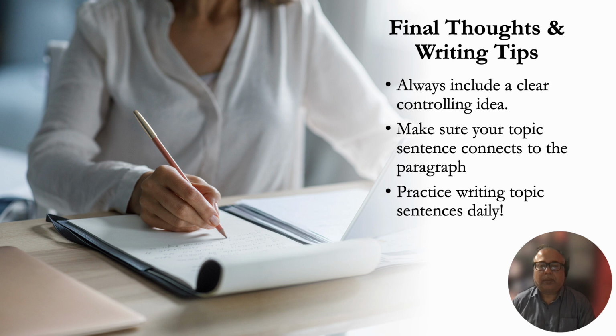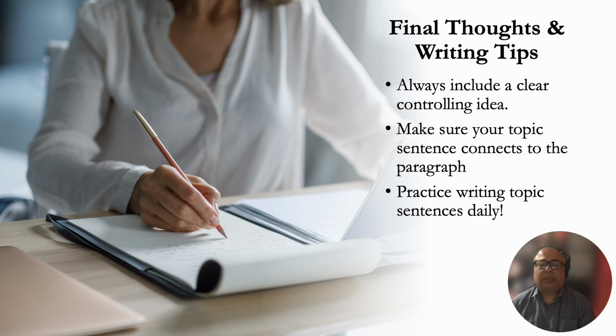Okay, some final thoughts before we end today's lesson: always have a clear controlling idea. After you write a topic sentence at the beginning of a body paragraph, before you move on, reread it very carefully, and make sure that there is a controlling idea in the topic sentence.